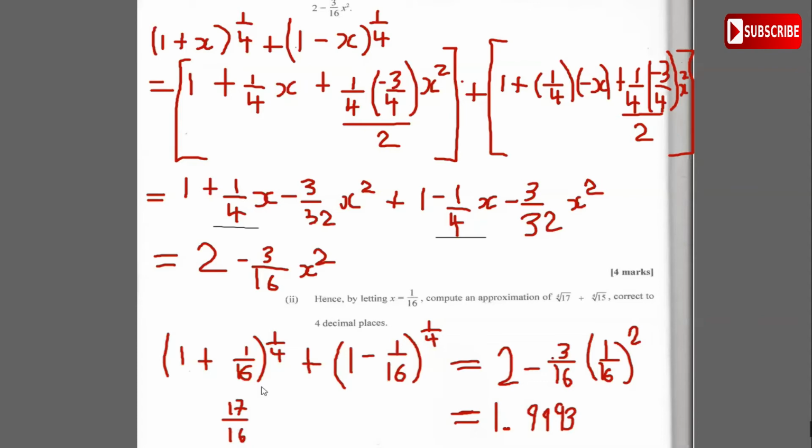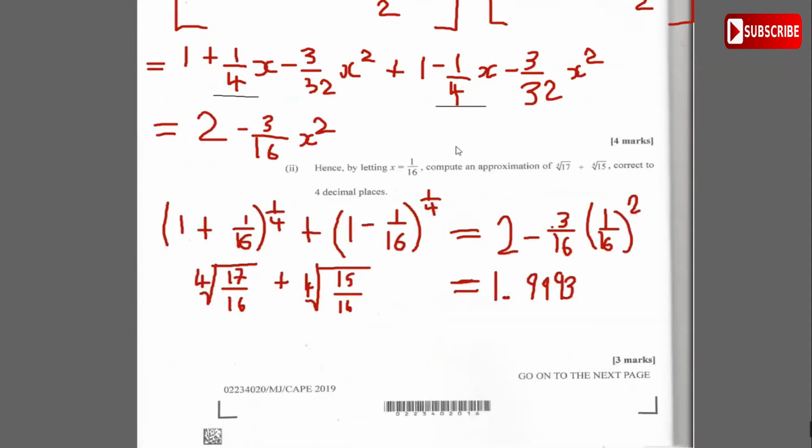And when it says to the 1 over 4, that's just the quart root. This is the quart root of 17 over 16 plus, this part is now just going to be the quart root of 15 over 16. Now, we may proceed now and to separate this. And what you can do is, instead of having the quart root of 17 over 16, break it up as the quart root of 17 over the quart root of 16.